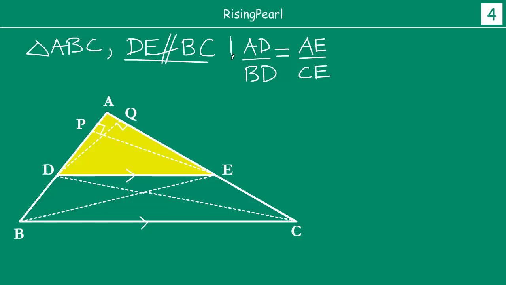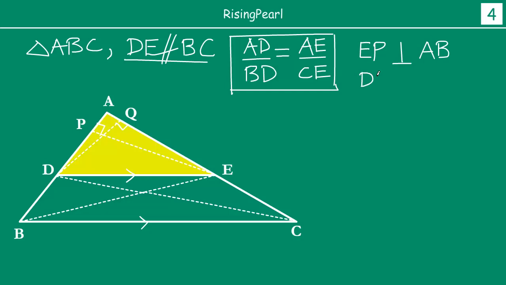This is what we need to prove. We are looking to prove this, right? And what we did, we made 2 constructions. EP is perpendicular to the side AB, and similarly DQ is perpendicular to the side AC. This is what we have done so far.